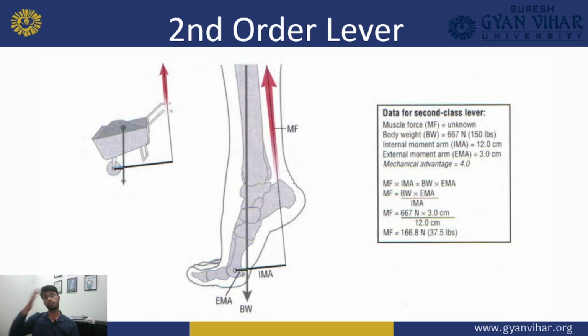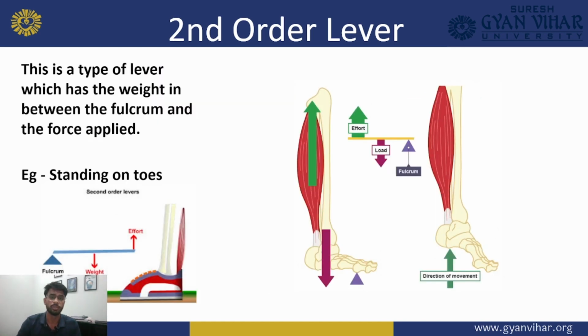But a lot of times students ask me that in this second order lever, whenever we do standing on toes, we get a lot of pain in the calf. This is a very commonly misunderstood topic: students assume that the muscle is producing less force, so we should not feel tired when we are lifting on our metatarsophalangeal joint. But that is not the case. Why? Because the muscle is anyways contracting.